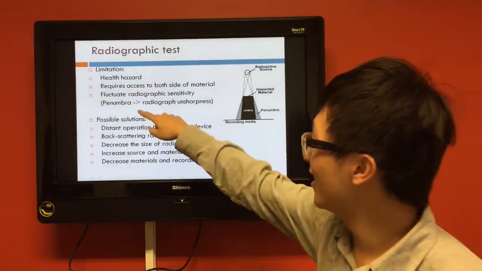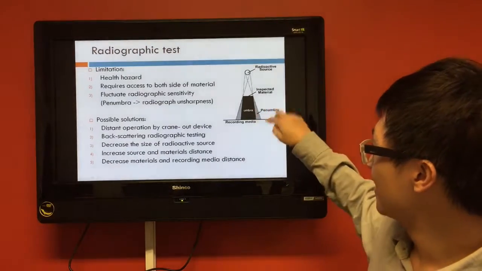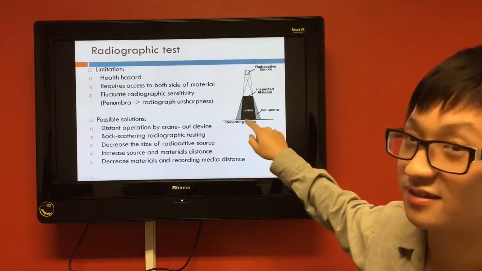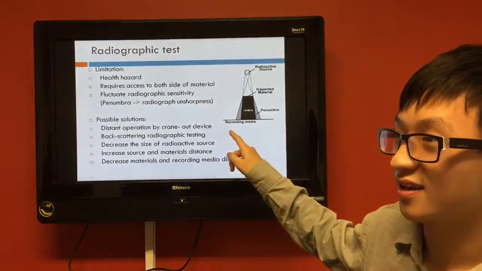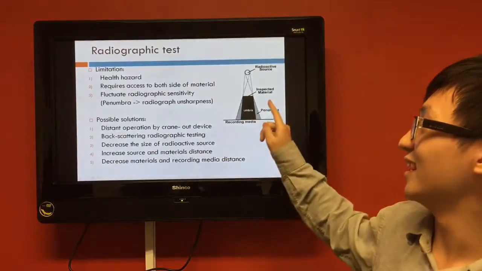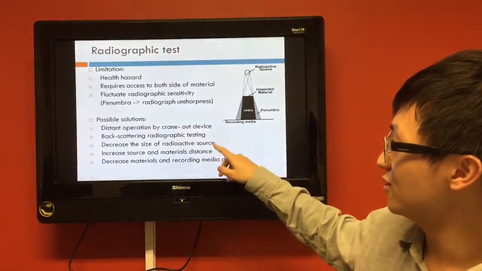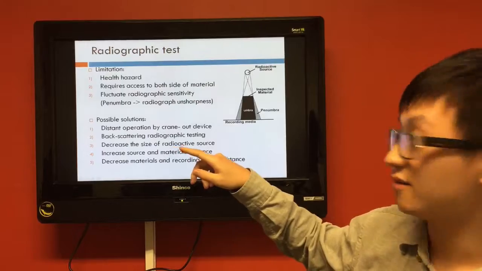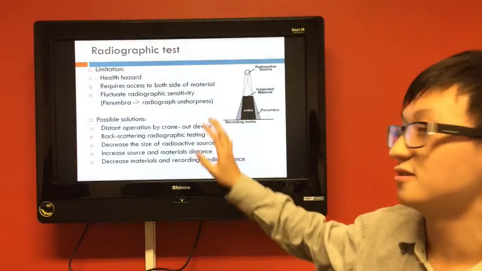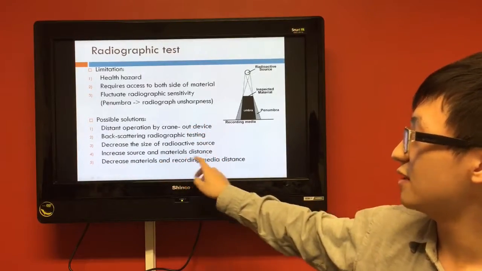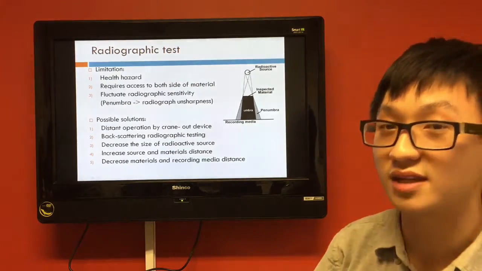And penumbra, which is a geometric term, is described here in this photo, and this part of the recording media will be blurred due to the penumbra problem. Therefore, the possible solution to minimize the poor radiographic sensitivity is to decrease the size of the radioactive source, increase the distance between source and materials, and also decrease the distance between materials and recording media.